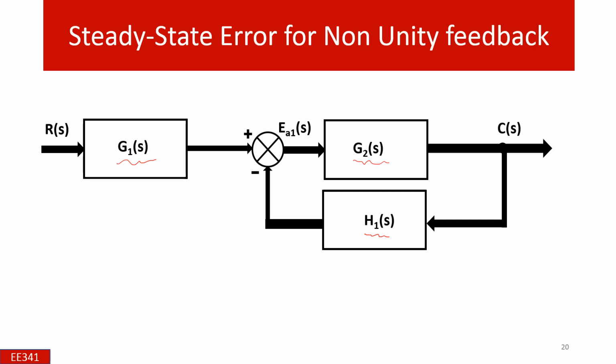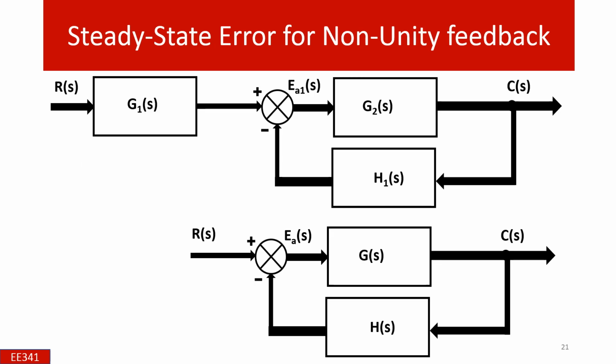Then here it is a negative feedback system, and now our topic is to find the steady state error in this type of system. So if we take this value from here to here, what happened with this one? It is scaled by this transfer function, or another way, this transfer function is multiplied with this one.